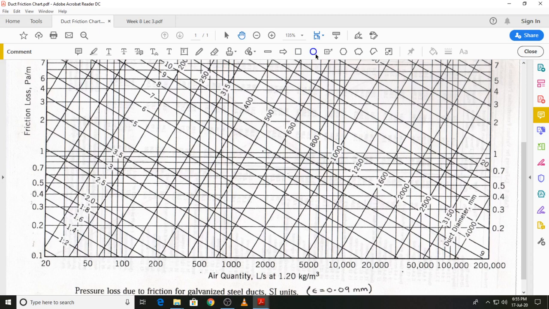So what I will need to do is to draw a line vertically upwards from the point where the volume flow rate is around 237. It is a logarithmic scale, so it's not a linear scale, and the values that I have entered over here in the table are properly calculated using a logarithmic scale. So we will go upwards, and we will stop where this line intersects the constant velocity line of 5 meters per second.